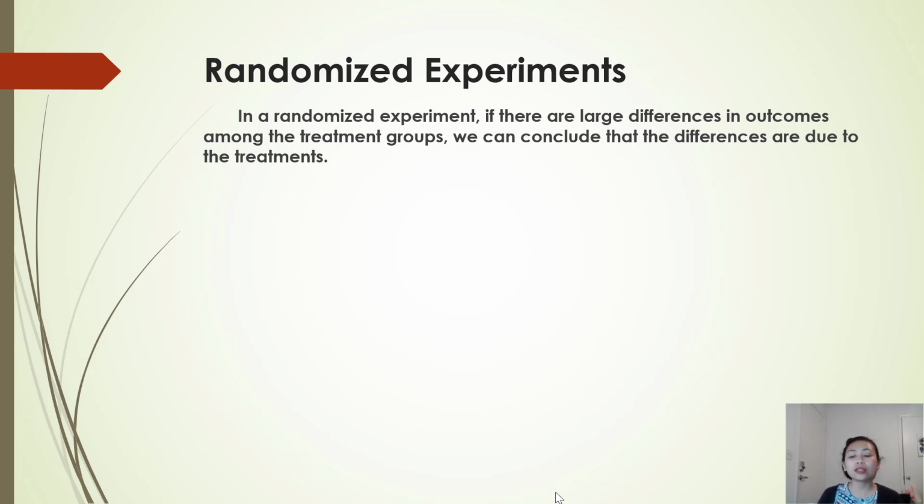Say that's a vitamin for skincare. After a few months, you are going to compare the two groups to see if there is a significant difference between the people who use the first type of vitamin and the people who use the second type. So if there are large differences in outcomes among the treatment groups, we conclude that the differences are due to the treatment.